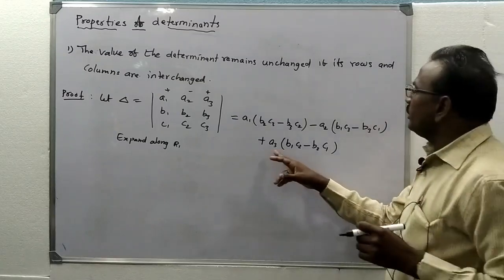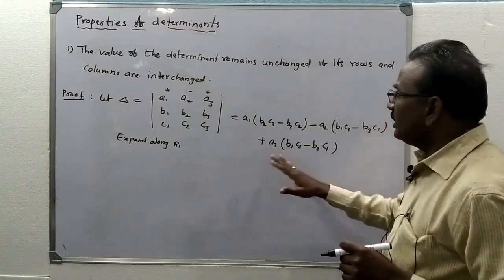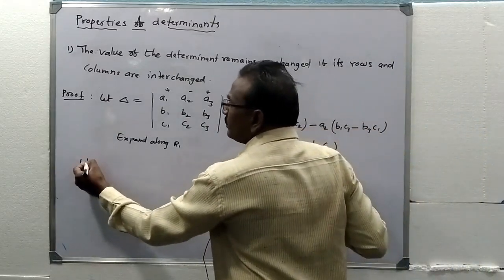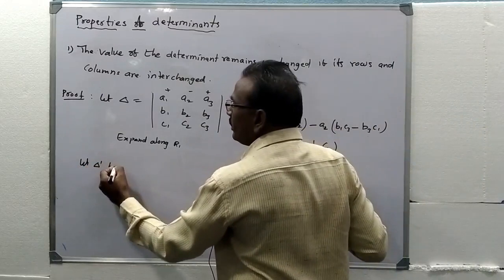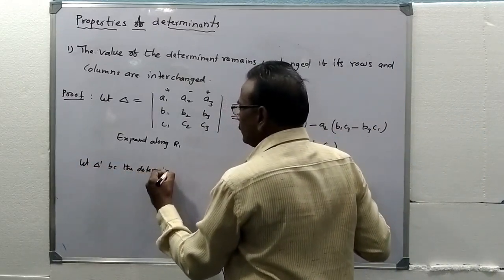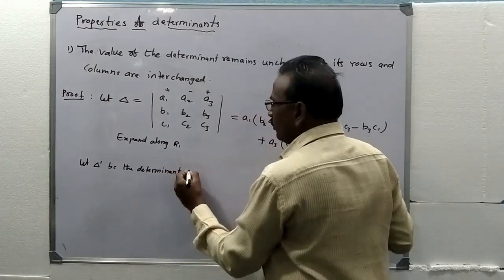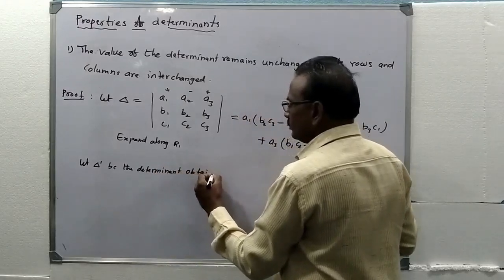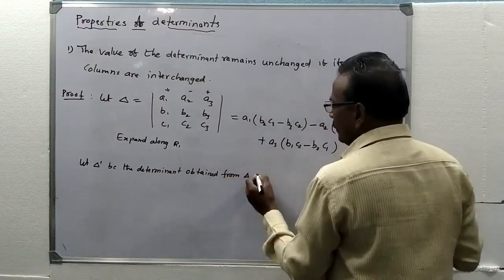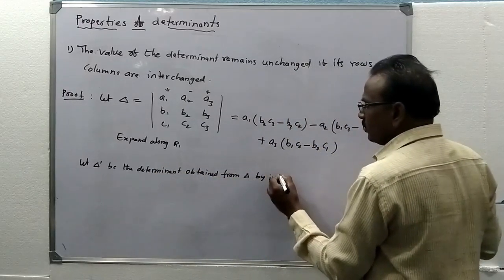So this is a3 into b1 c2 minus b2 c1. So this is the value of delta. Next, let delta dash be the determinant obtained from delta by interchanging rows and columns.